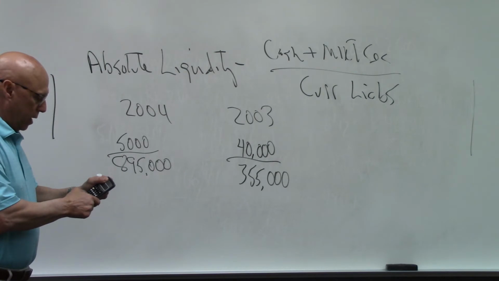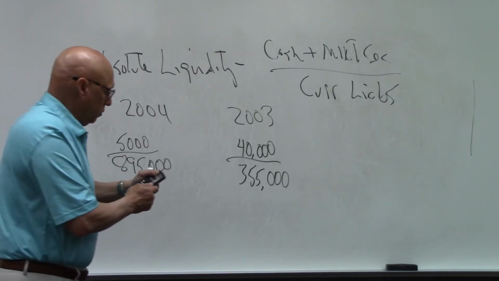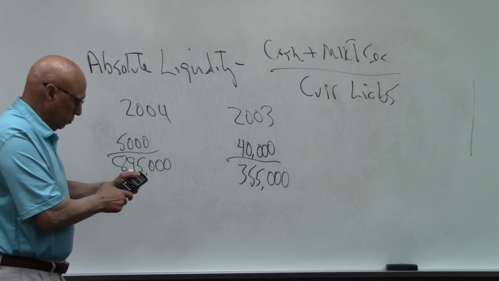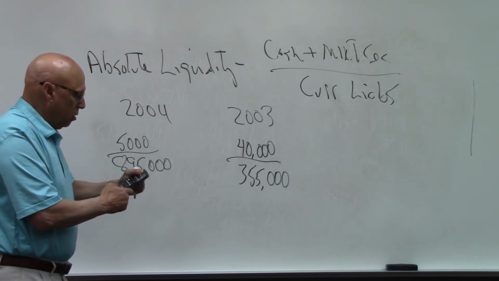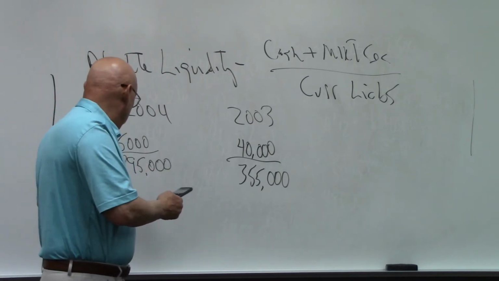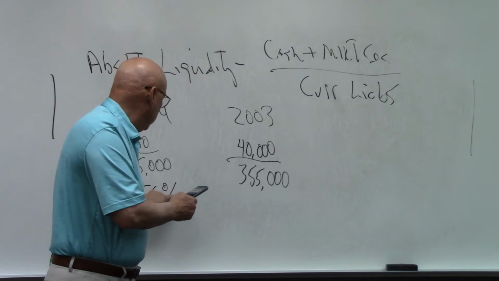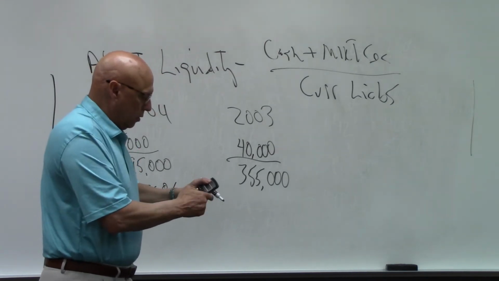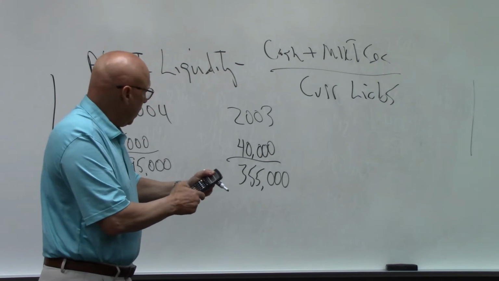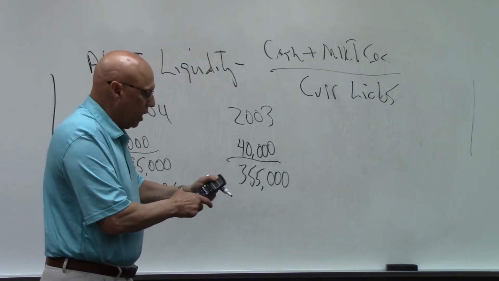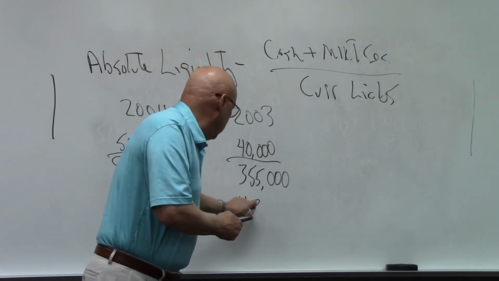5,000 divided by 895,000 is 0.56%. And let's clear the calculator out. 40,000 divided by 355,000 is 11.3%.